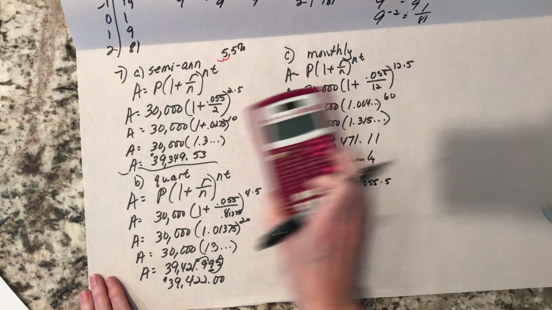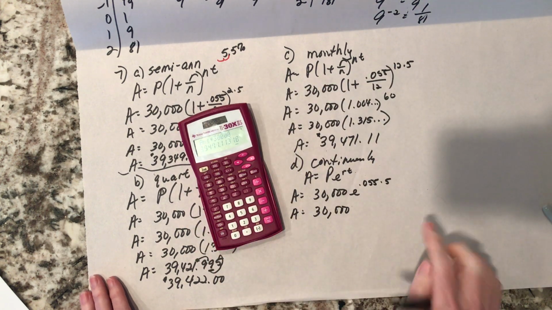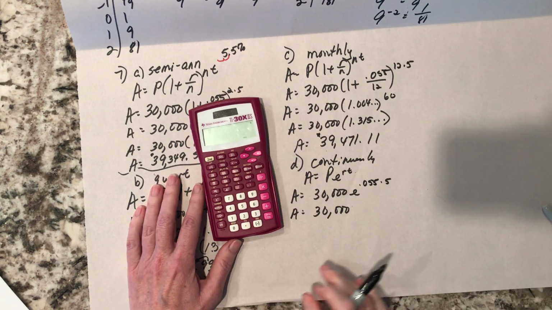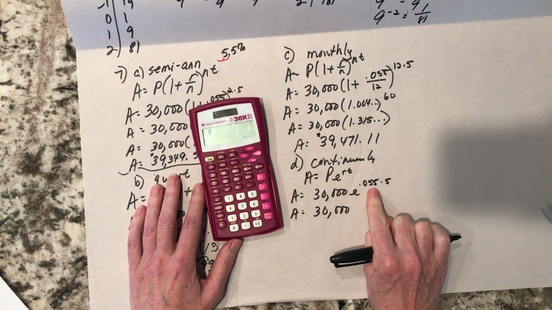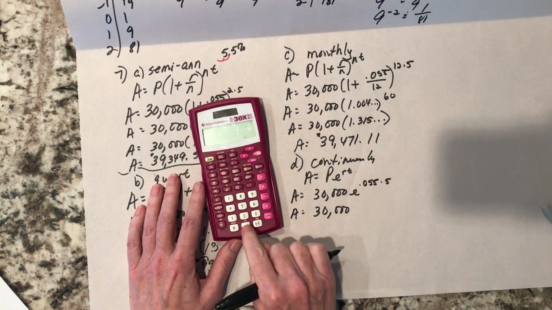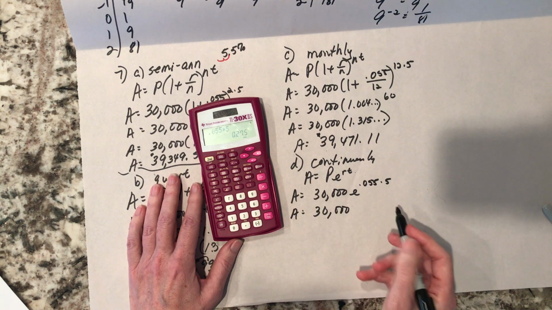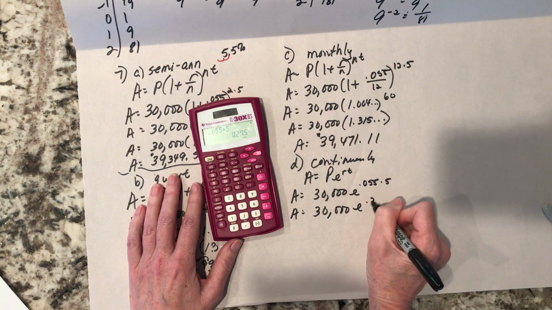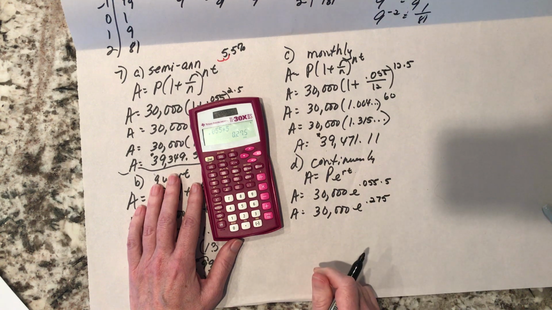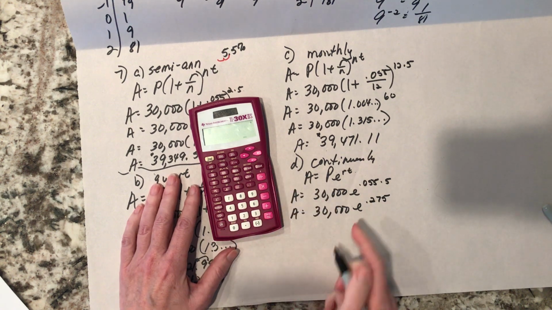Lots of ways of doing this. If you've got a better way of doing it, like straight from the front, you go ahead. I'm going to figure out what 0.055 times 5 is first. Times 5 gives me 0.275. So e raised to the 0.275. Let me take care of that.